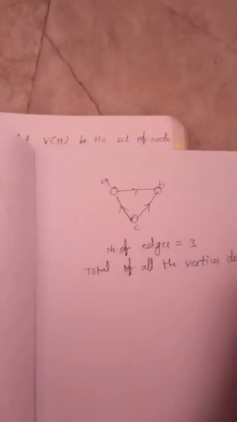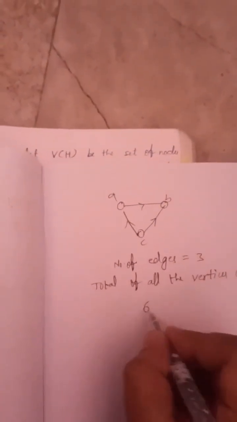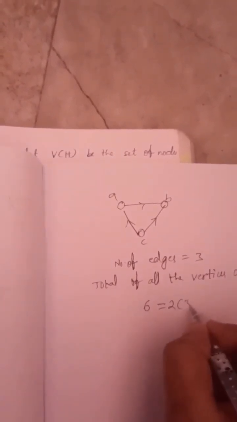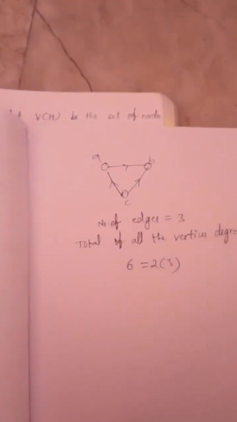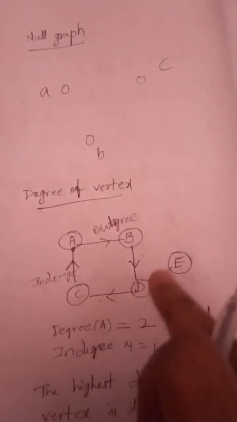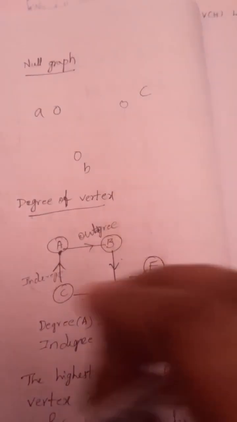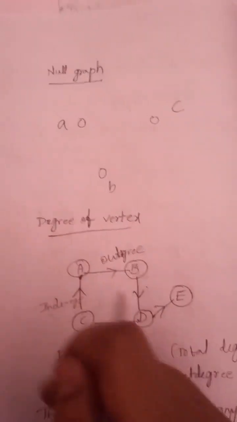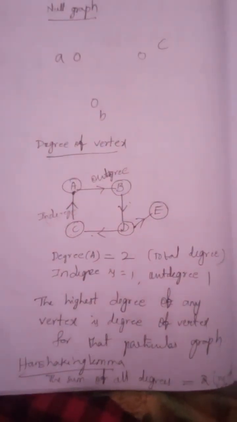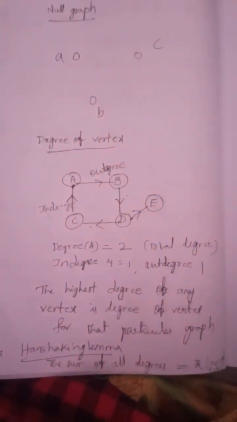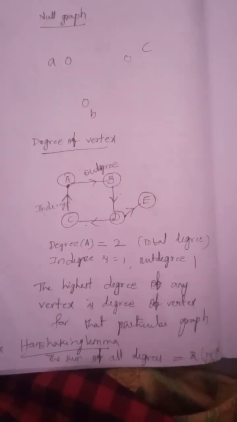In case we see, this is 6, which is equal to 2 into number of edges, 6. So this is about the handshaking lemma proof. In the other case, we are getting 10, but the sum of degrees of vertices is actually 9 only. Why? Because this is not a closed graph. That is why we got that contradiction here, but the handshaking lemma is true only here.